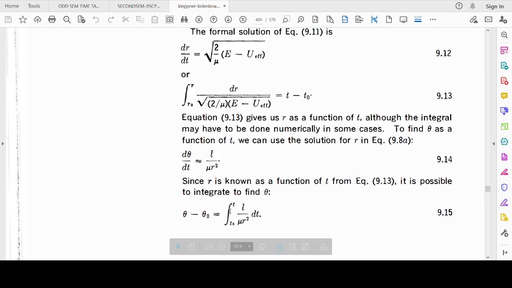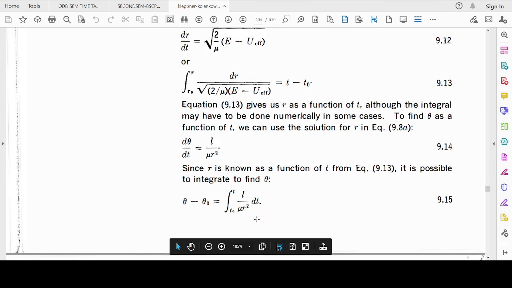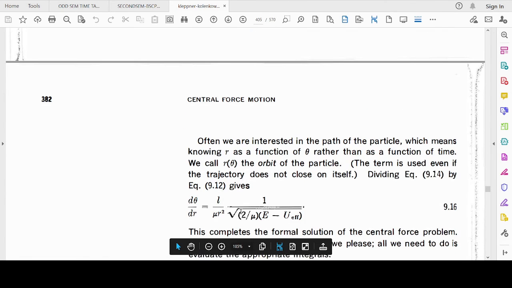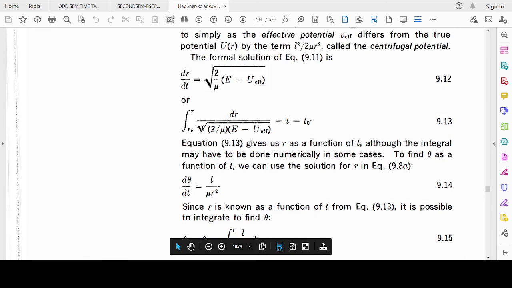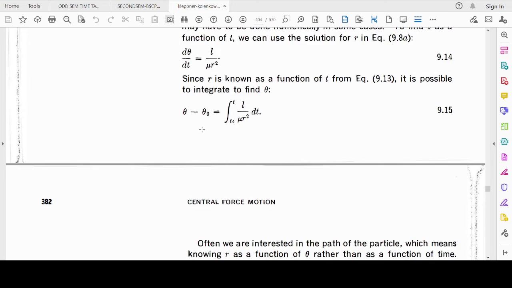So theta minus theta 0 is equal to the integral of L by mu r squared dt. So I have two equations: one is the dr by dt equation, and the second is the d theta by dt equation.